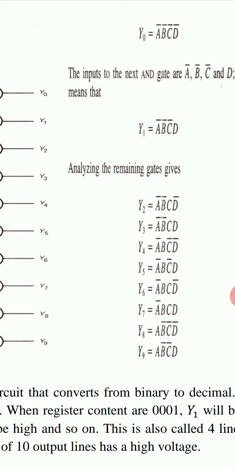Output of an AND gate is 1 when all inputs are 1. So if A, B, C, D all are 0, then output Y0 is equal to 1, and all other outputs are 0.